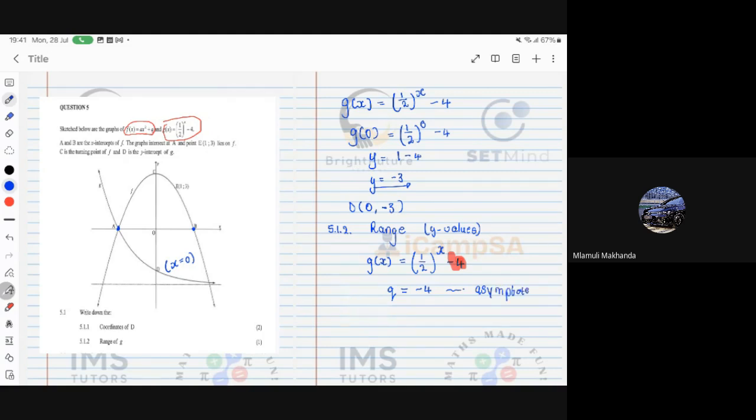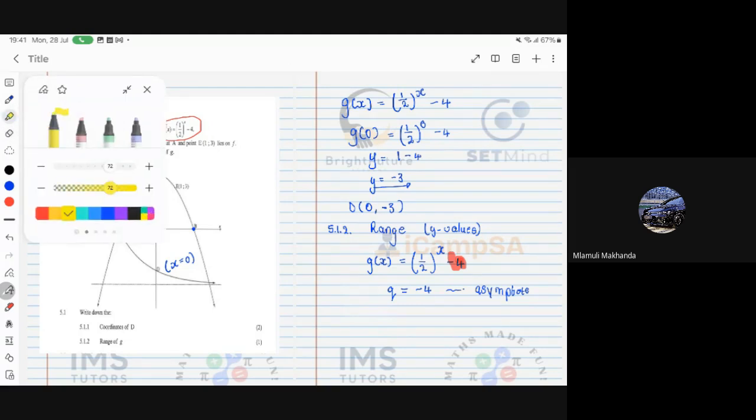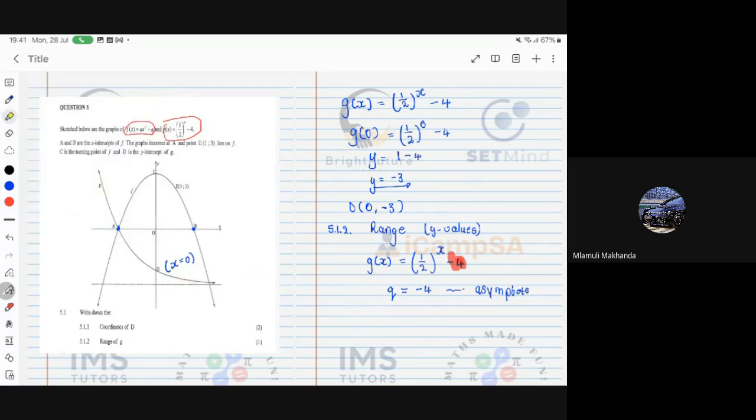For our function, when we look at it, we have -4 here. You can see that our function approaches this value but never touches it. And you can see already that our function only exists above this value. It doesn't exist below this value, unlike the parabolic function that exists even below that asymptote.